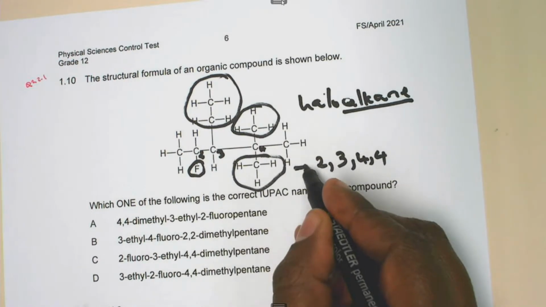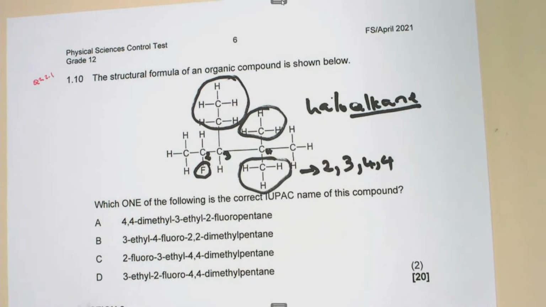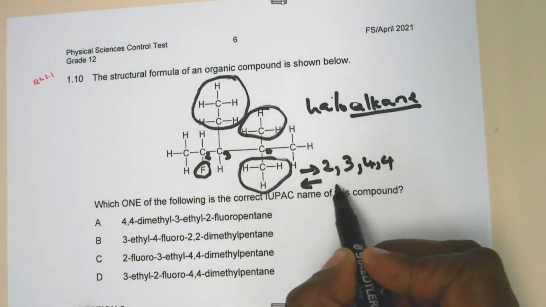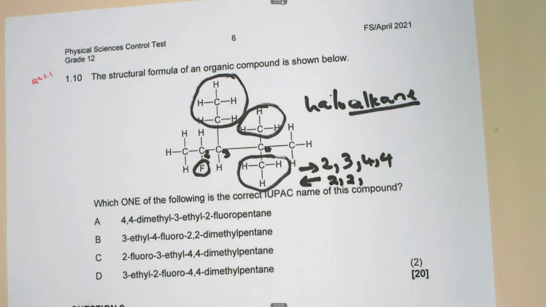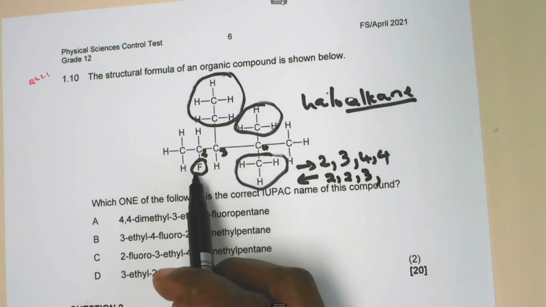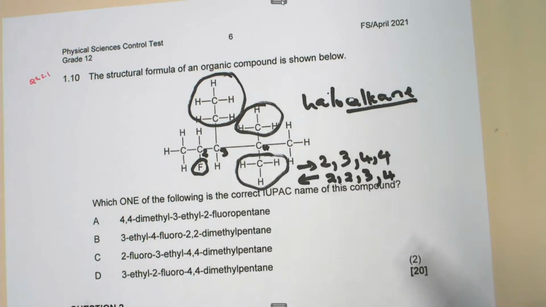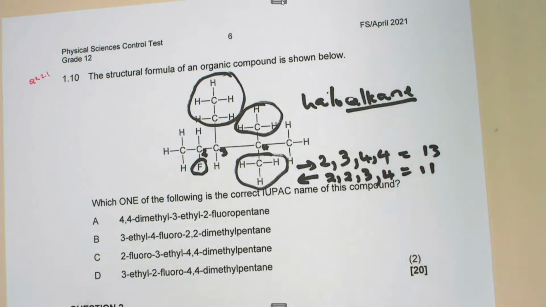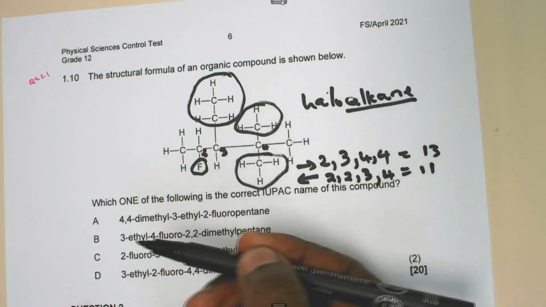But when you start from right to left, both of the methyls will be on carbon 2. And then the next branch, which is the ethyl, will be on carbon 3. The last branch, which is the fluoro, will be on carbon 4. So the lowest number there will be when you start from right to left.